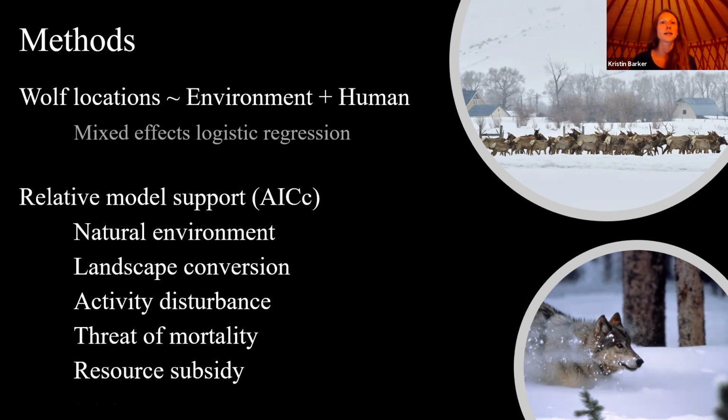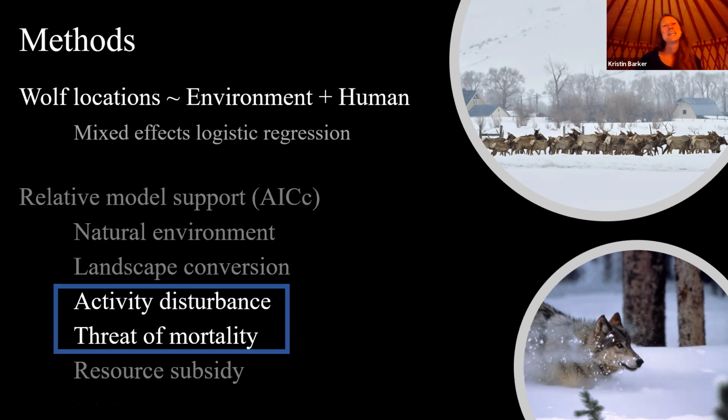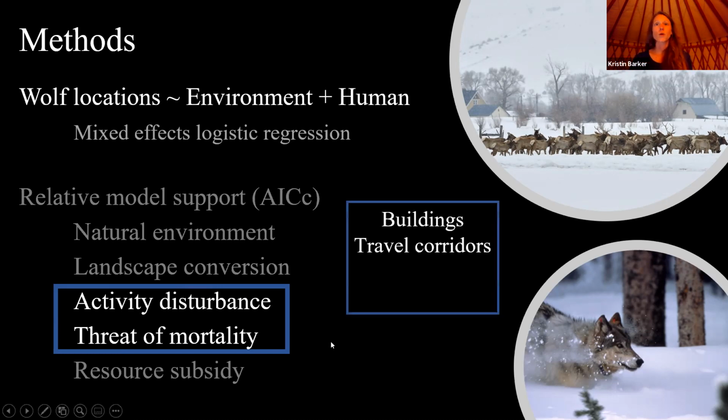I'm going to yada through a lot of things and tell you that after we do all of this, what we've learned so far is that we found the strongest support for the activity, disturbance, and threat of mortality hypotheses. Specifically, we found that wolf use of the landscape is influenced by the location of buildings and travel corridors, not just paved roads, but corridors that humans are active on, and that they change during the time of day, depending on whether it's day or night, and whether they're being hunted.